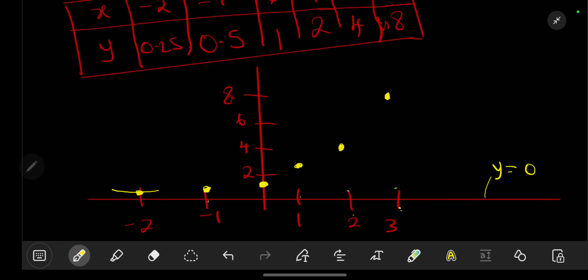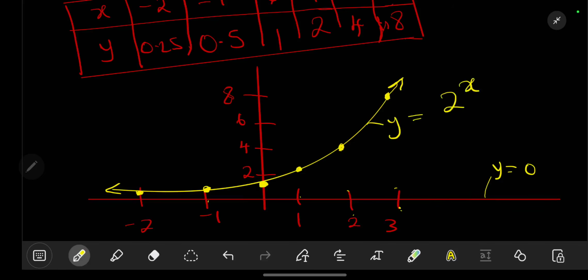So when we graph the equation, it will pass at 1 like that. This is generally how the graph looks. It continues like that. So this is the graph of y equal to 2 to the power of x.